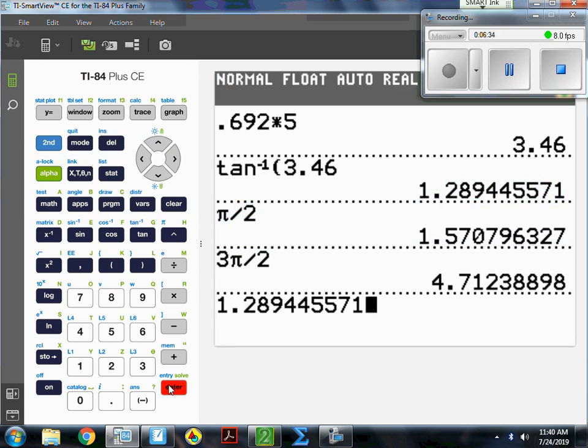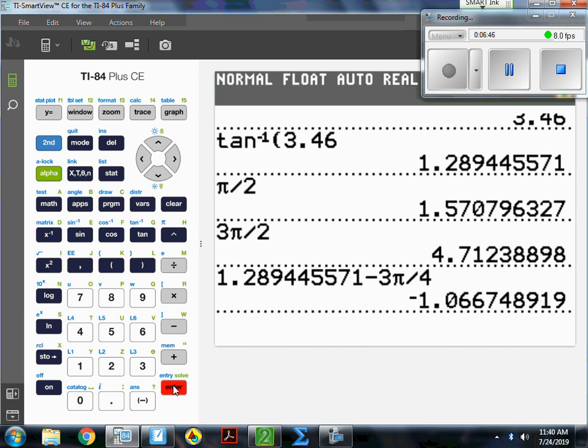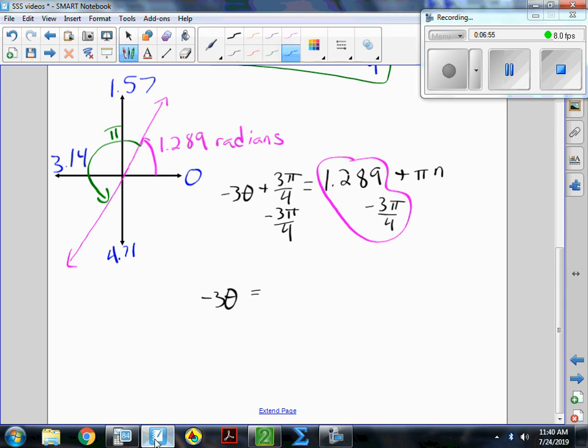So 1.289445571 minus 3 pi over 4. It is negative 1.0667. I'm going to say negative 1.07, plus pi n. Again, just rounding on my paper, but keeping the exact value in the calculator.